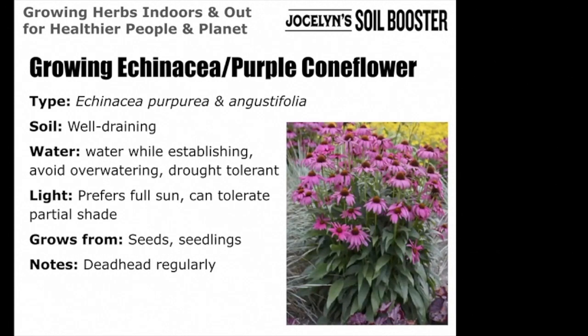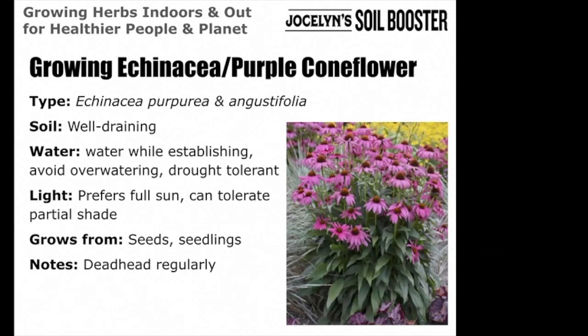So this one has similar growing conditions to wild bergamot, where it's drought tolerant. It will still need watering while it's being established. And it does need well-draining soil because it can be susceptible to root rot.